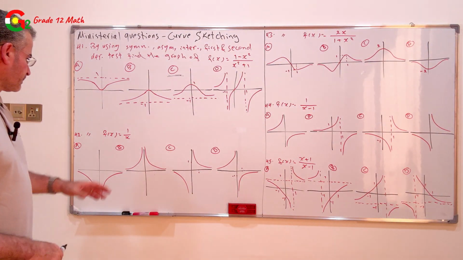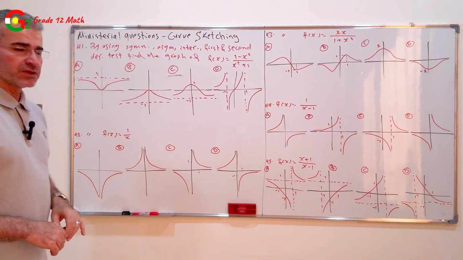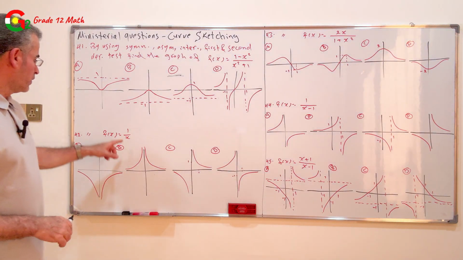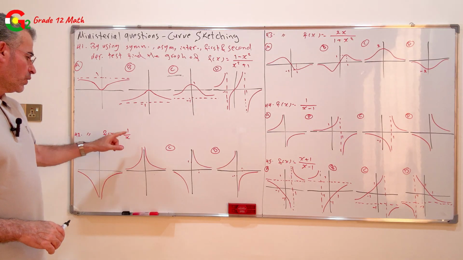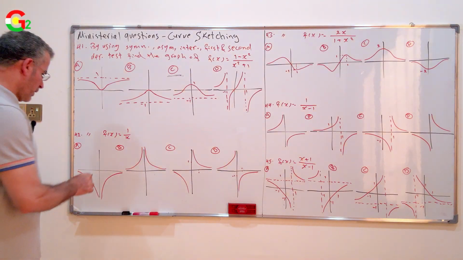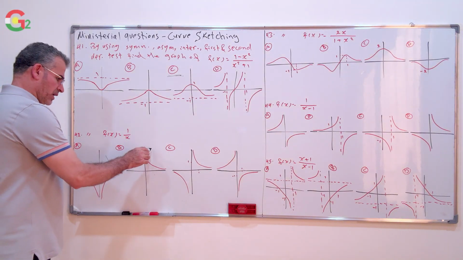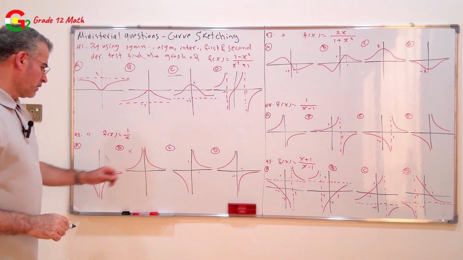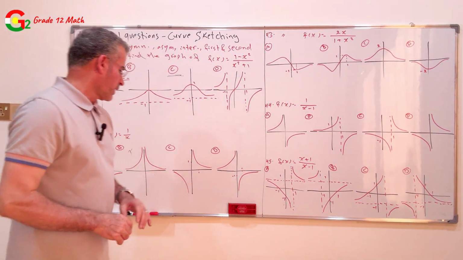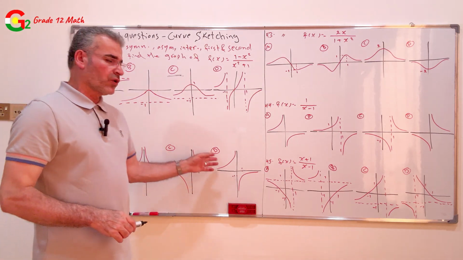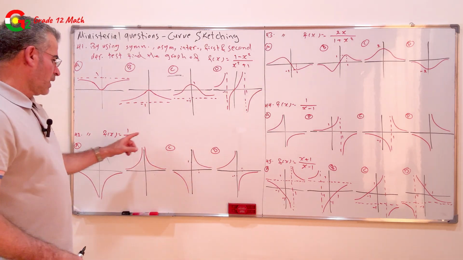Also, the function is odd since we have even over odd. So we neglect A and B because these graphs are even. So either C or D is the right choice.